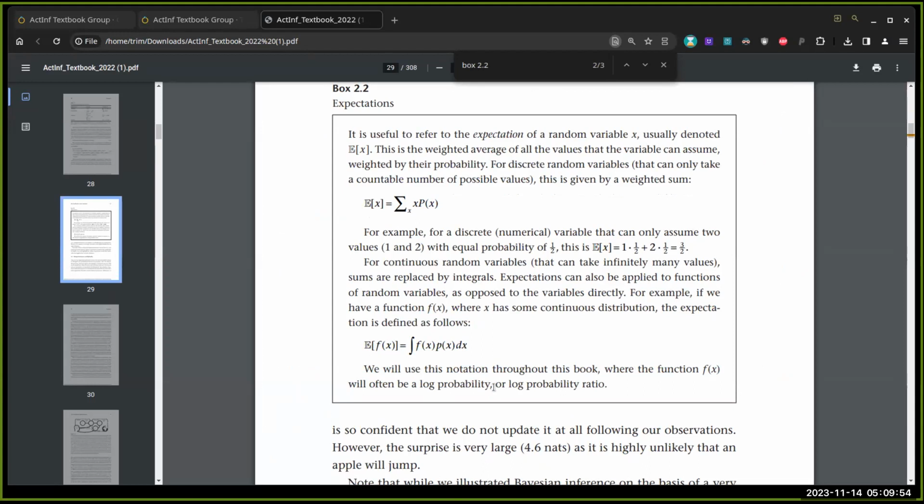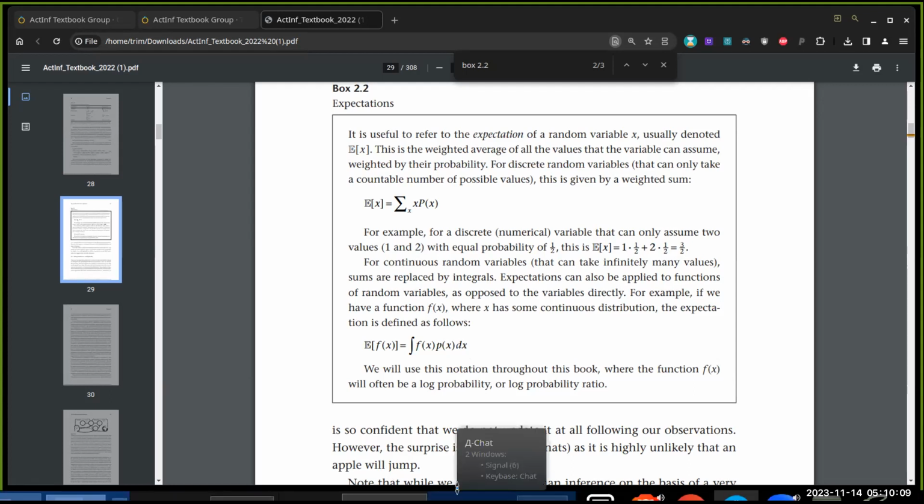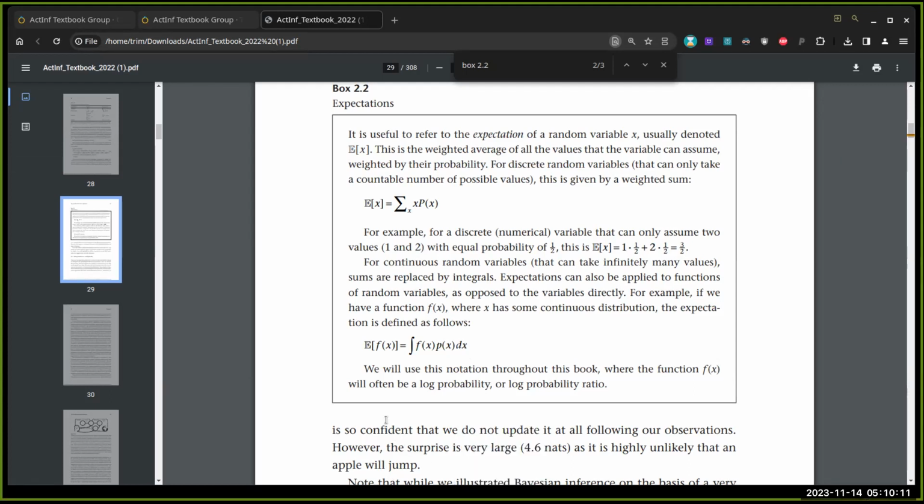Right. Well, my understanding of the expectation function is that you have the value at a certain value of x, and then you have the probability of that value. If you have a six-sided dice, the probability is always 1/6.